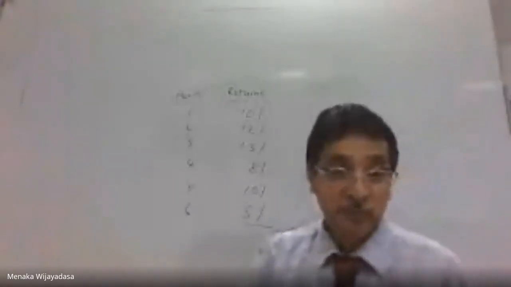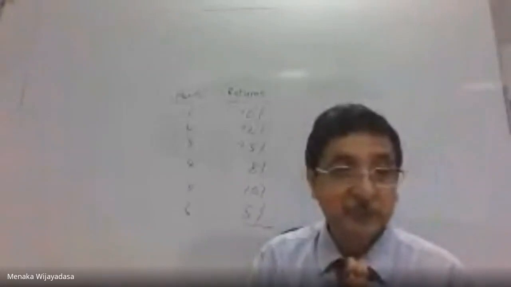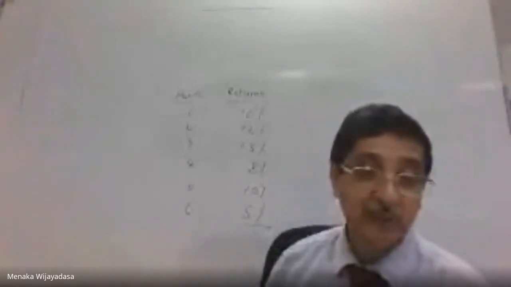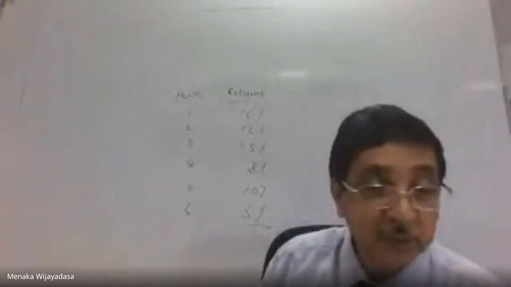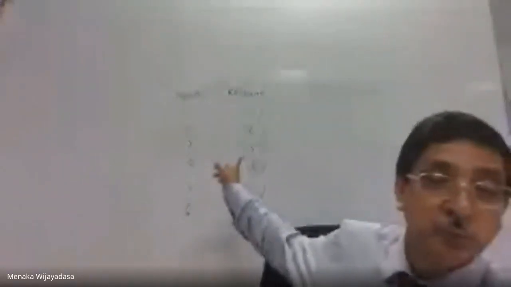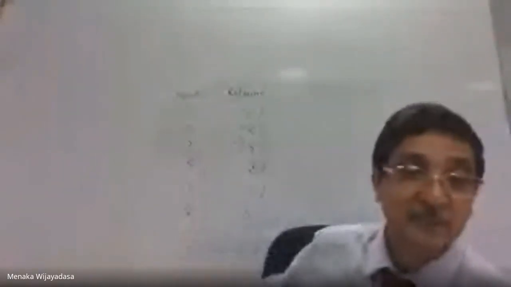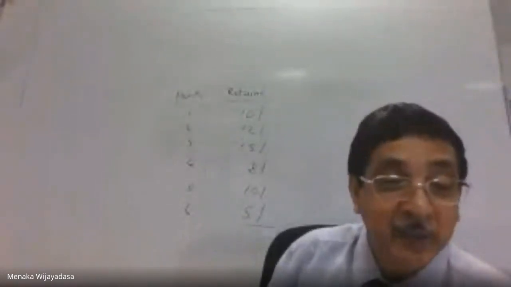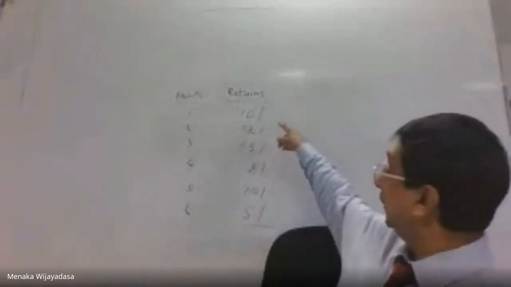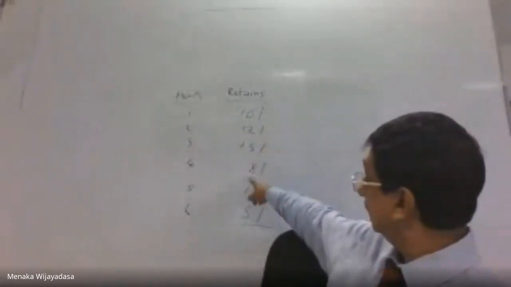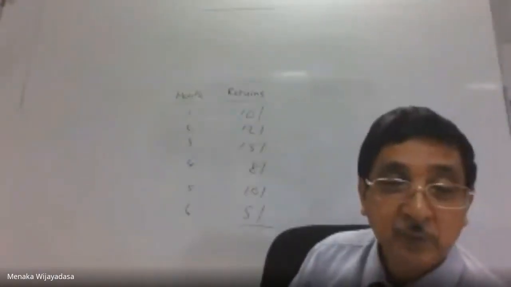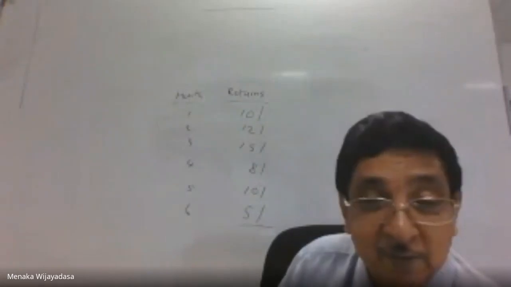Now, there's no expected return here because this is a historical thing. Therefore, here we call it average return. So how are you going to get the average return? You need to add up all these figures and divide by 6. When you add it up, you get altogether 60. 60 divided by 6 is 10.